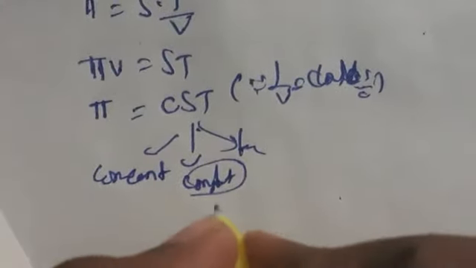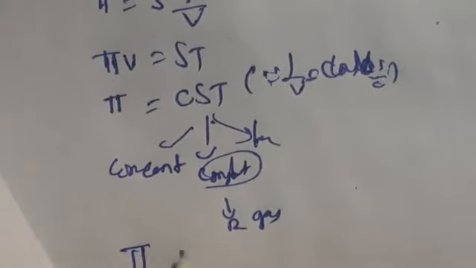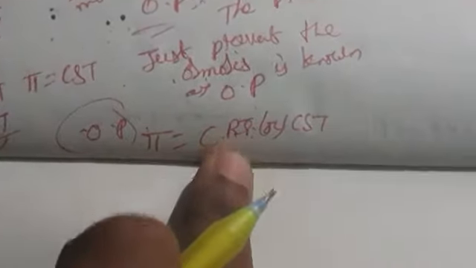This constant is equal to R, that is the gas constant. So we can write pi is equal to CRT. This is the way we have got that pi value, CST or CRT.